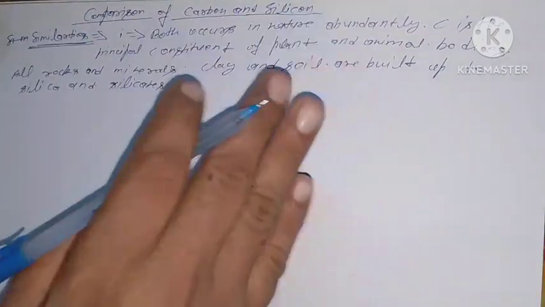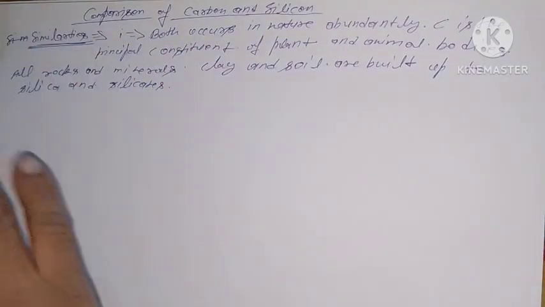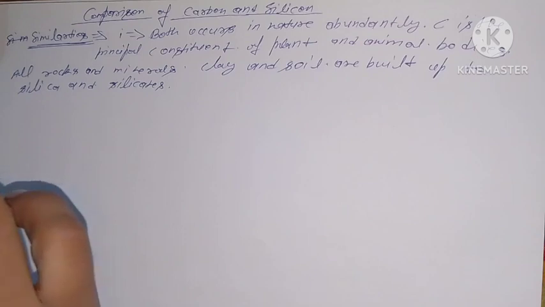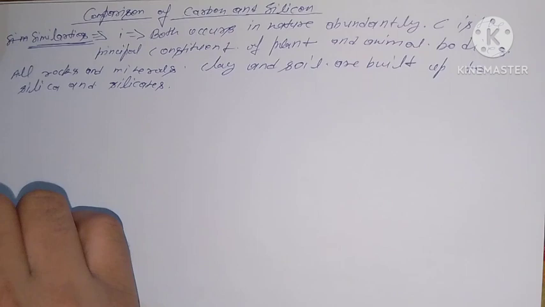Carbon is the principal constituent of plant and animal bodies. All rocks and minerals, clay and soil are built up of silica and silicates.